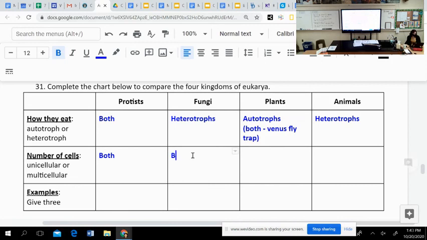So then, yeah, they would be both. Plants? Multicellular. And animals, us? Multicellular. Right? And then the examples through the text or in our notes, you just need to list those examples.